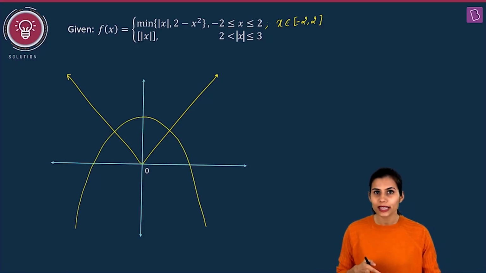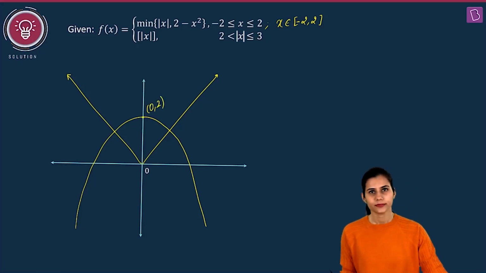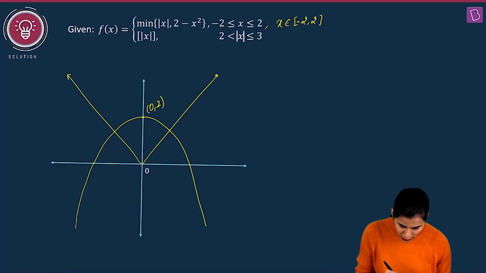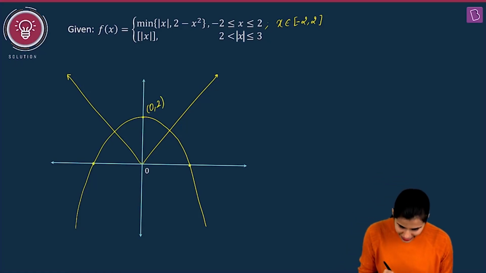So it will be a downward opening parabola with its vertex at 0, 2. The points where it will intersect the x-axis will be -√2 and √2. So basically 1 is going to be sitting somewhere here and here will be, let's say, 2.